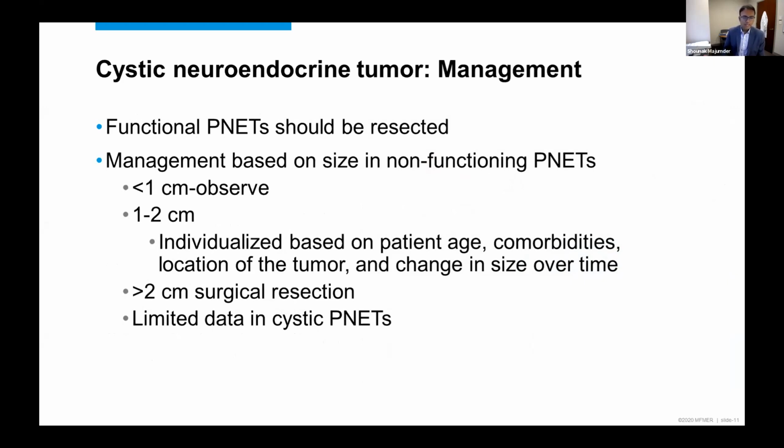In non-functioning neuroendocrine tumors, the management is really based on size. There's consensus that if the lesion is small, less than 1 centimeter, they can be observed with clinical surveillance. Above 2 centimeters, usually we're leaning towards surgical resection. And between 1 and 2 centimeters, the decision to either do surgery or do surveillance is individualized.